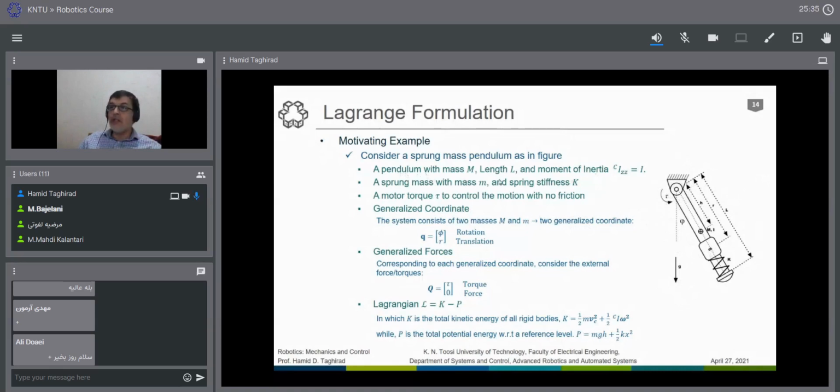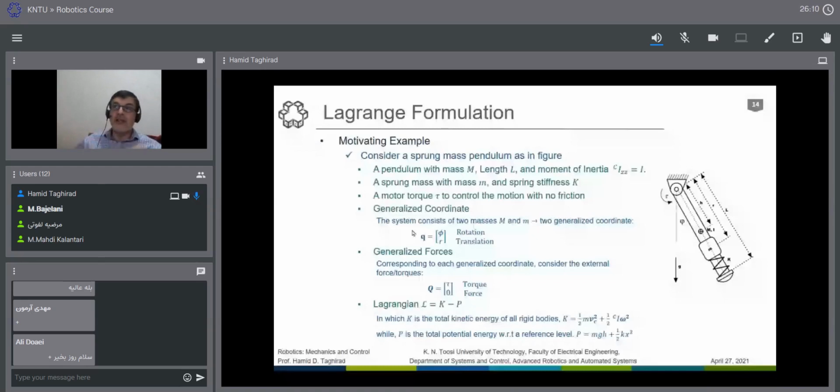Now, if we consider that with this detail, we have to find, let's say, 3 steps. The 3 steps are given here. In the first step, we should find the generalized coordinates, and these are very simple in robotics because we have defined already generalized forces and generalized motion as a twist or as a translation and orientation.